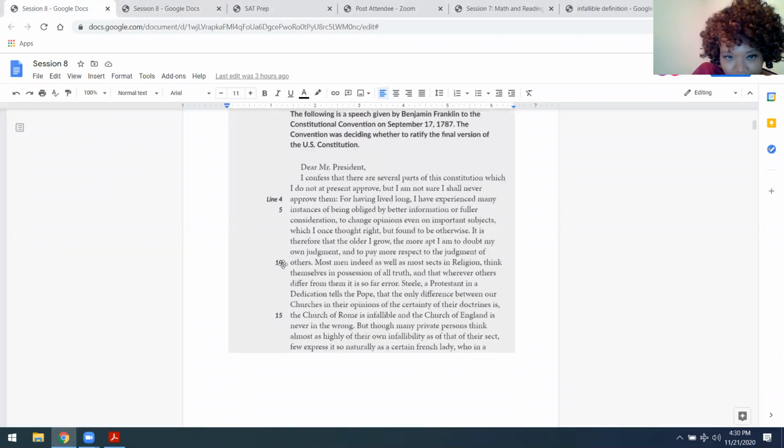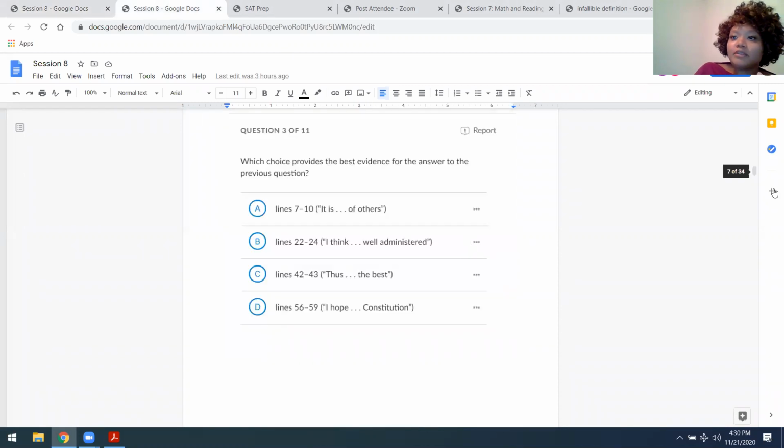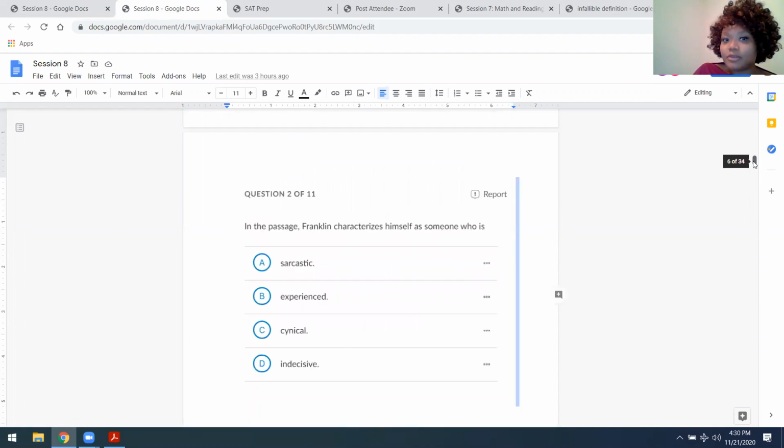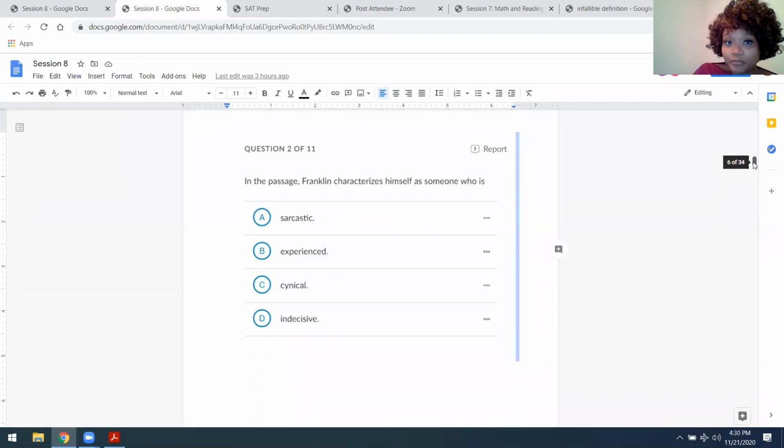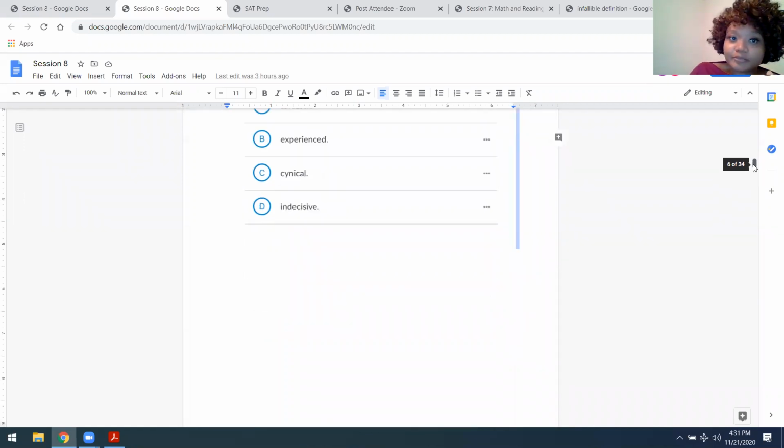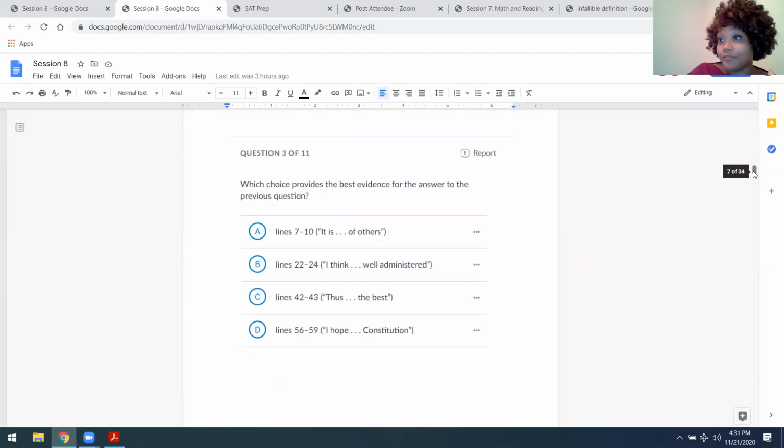It is therefore that the older I grow, the more apt I am to doubt my own judgment and to pay more respect to the judgment of others. So we just covered that. This is asking for the evidence that we used to answer number 2. So the answer is A, lines 7 through 10.